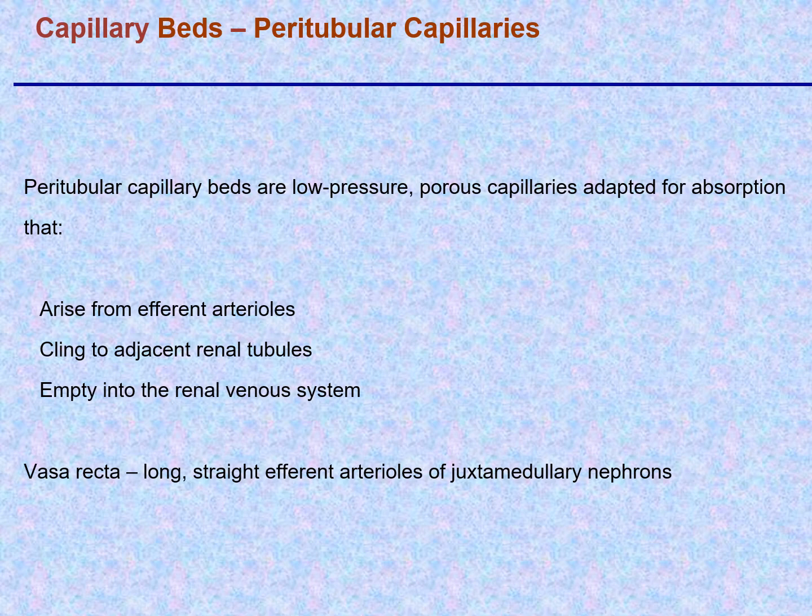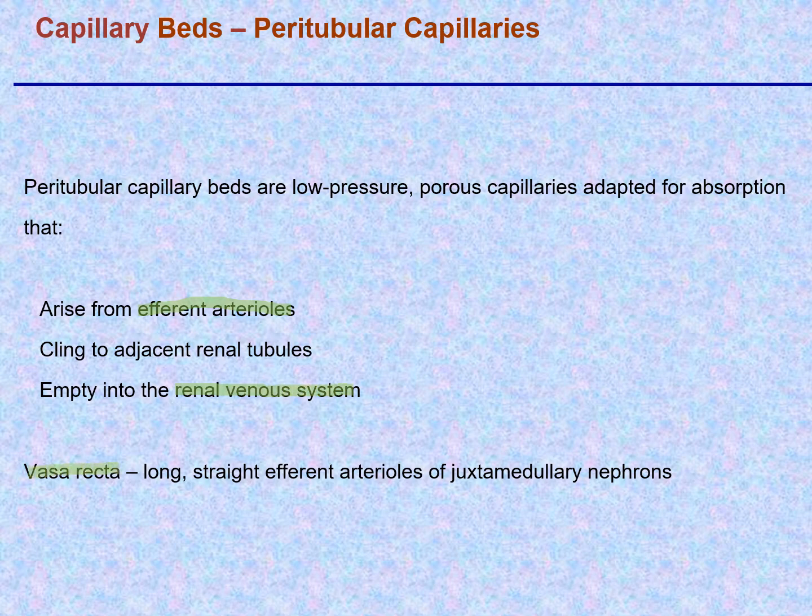The peritubular capillary beds, that second capillary bed, are much lower pressure, much more similar to the rest of the systemic capillaries, and quite porous capillaries that are adapted for absorption. And the peritubular capillaries are formed after the efferent arterioles, and empty into the renal vein, the left and right renal veins, draining back to the heart.